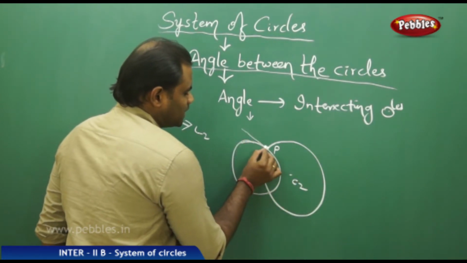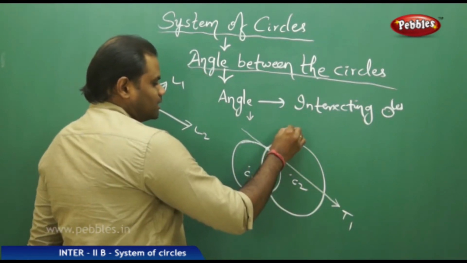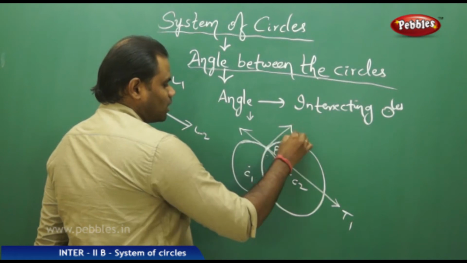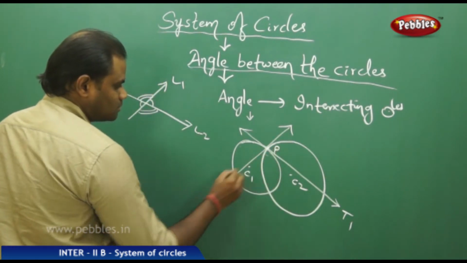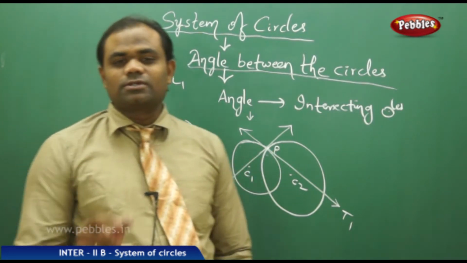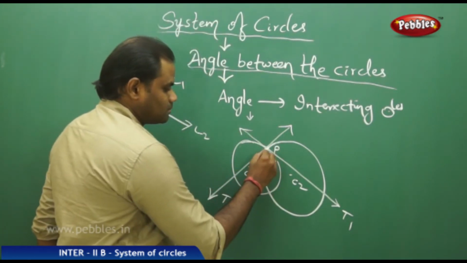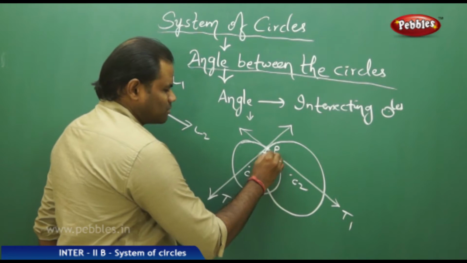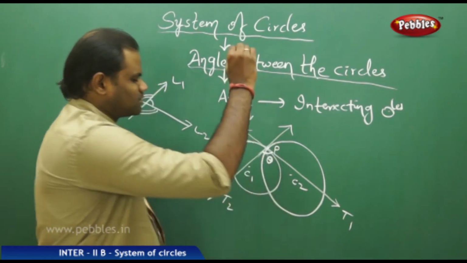So if I have a tangent drawn here, T1, to this circle, and another tangent drawn for the second circle, T2, then the angle between two circles is nothing but the angle between their tangents. This is said to be the angle between the two tangents.